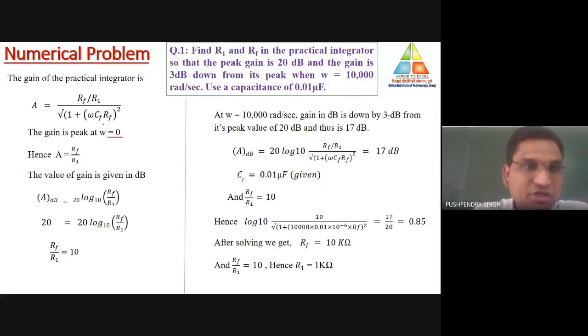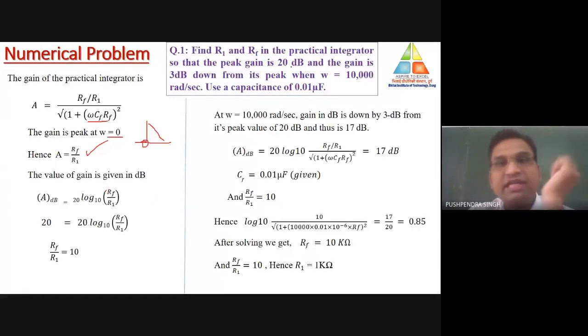When omega is equal to 0, the frequency term is 0, so the square root of 1 is 1, and A is equal to RF by R1. Only on that condition do we get the maximum gain. Then we convert the gain to dB, because all the parameters are given in dB.